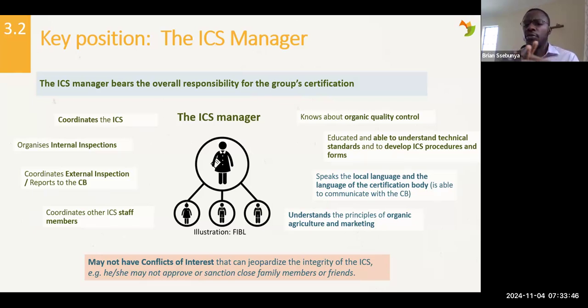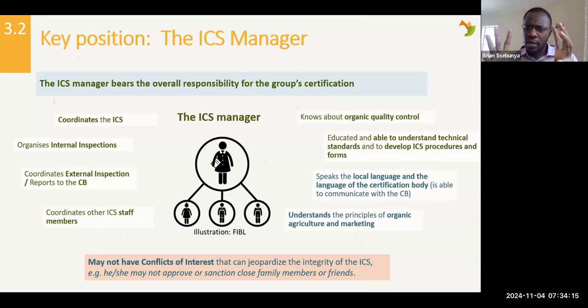And obviously, you should understand the organic agriculture principles, what organic means, the technical jargon that is used. An ICS manager that has that level of understanding is always good. So qualification-wise, either you are from an agriculture background or animal husbandry, crop husbandry background, or at least rural development or something like that.